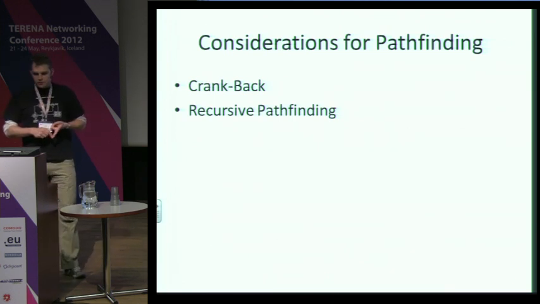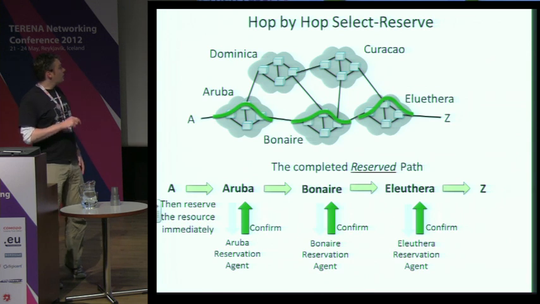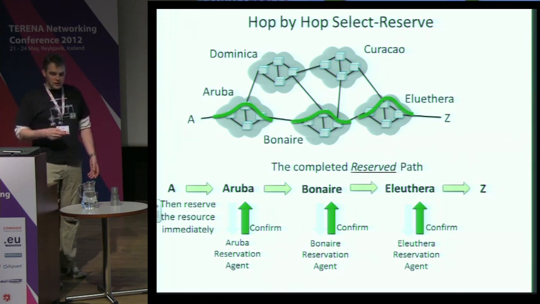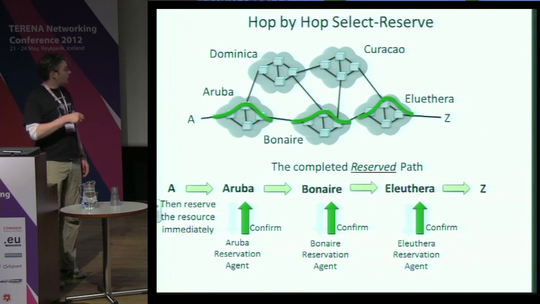The considerations for this is that if you were doing it in a hop by hop fashion, it can turn out that one of the segments is not available when you're doing the selection.